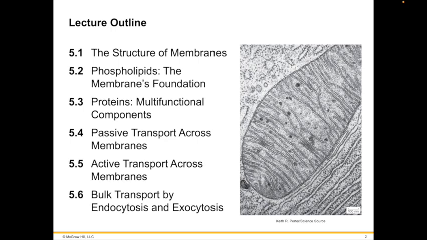So let's examine the structure and function of cell membranes. From there we'll move on to phospholipids, proteins, and then we'll end things with the way in which passive transport occurs, including active transport, and then end the chapter with bulk transport by way of endo and exocytosis.